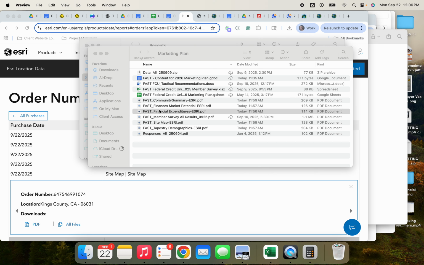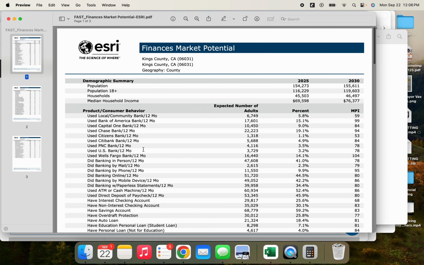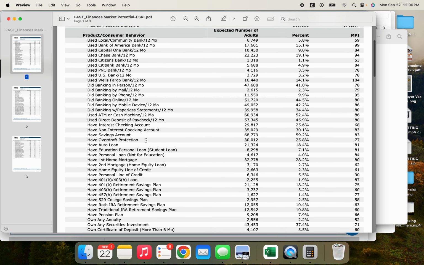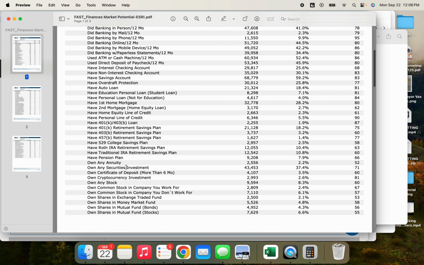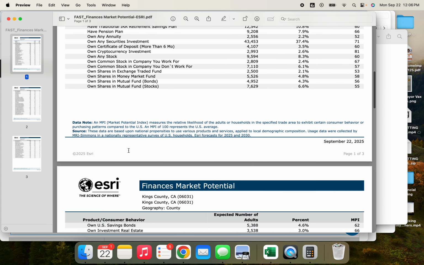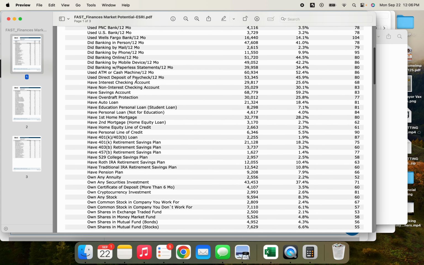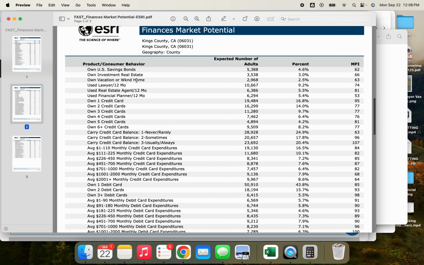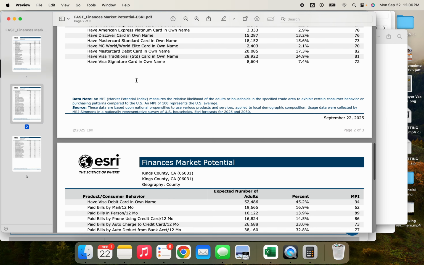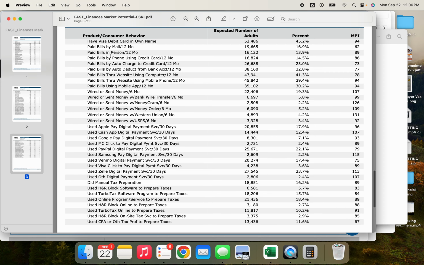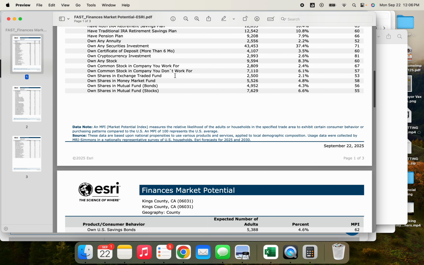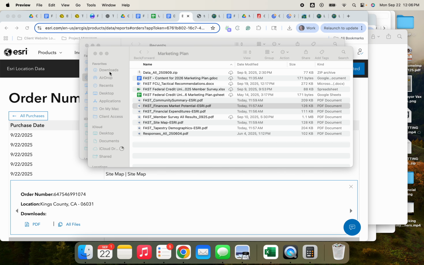The finances market potential is like, where are they banking? What kind of products do they have, either investment or deposit or loans? Just a ton of info here. Do they do online banking? Do they do more paper? Do they wire money? Do they use mobile wallets? All that stuff is in this report.